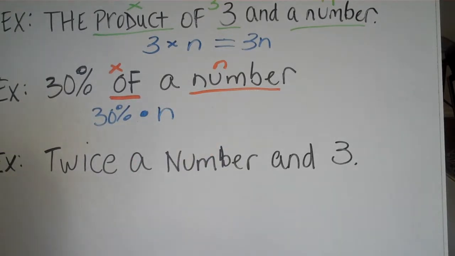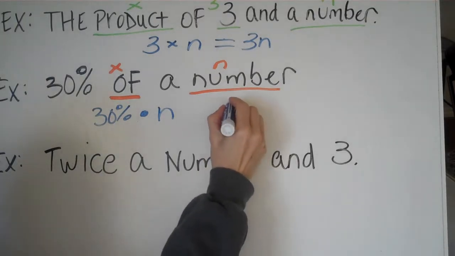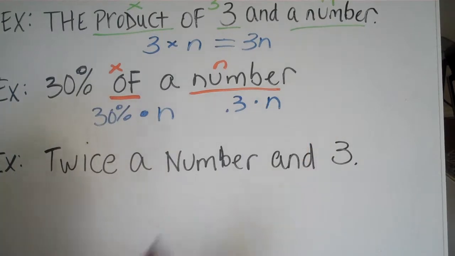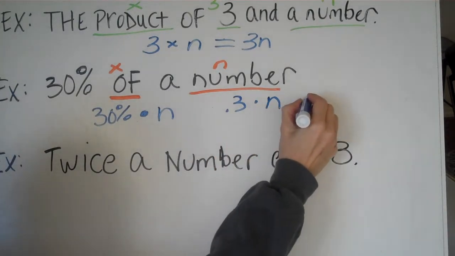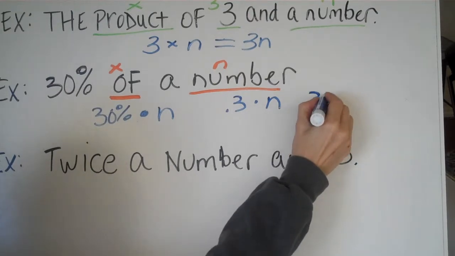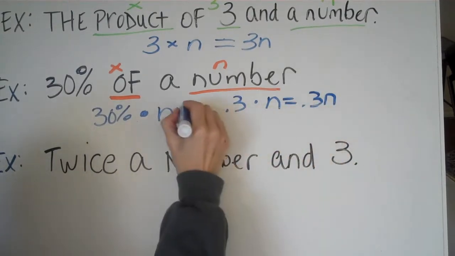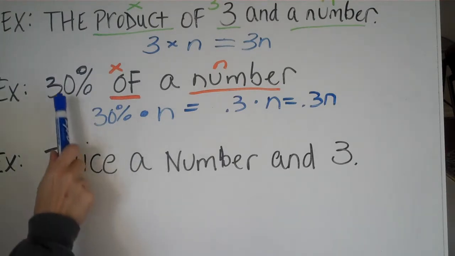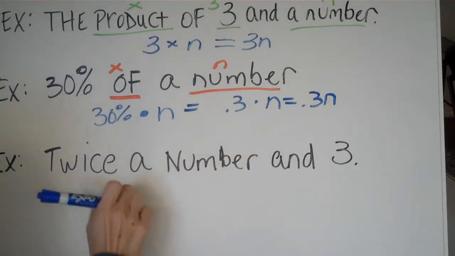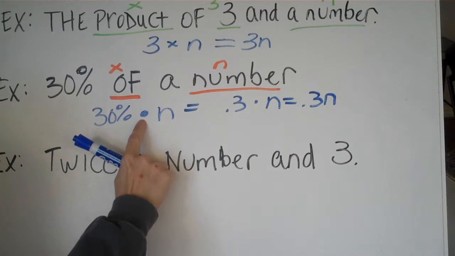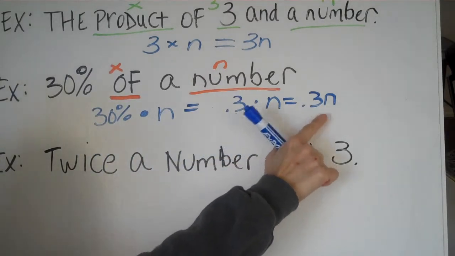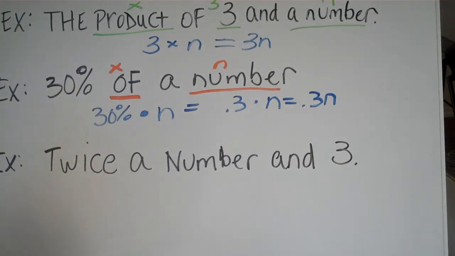And if you wanted to solve this, you would just take 0.3 times whatever that number is. Another way to write it would be 0.3n. So all of these are different ways of saying the same thing: 30% times n, or 0.3 times n, or 0.3n. They all mean the same, okay?